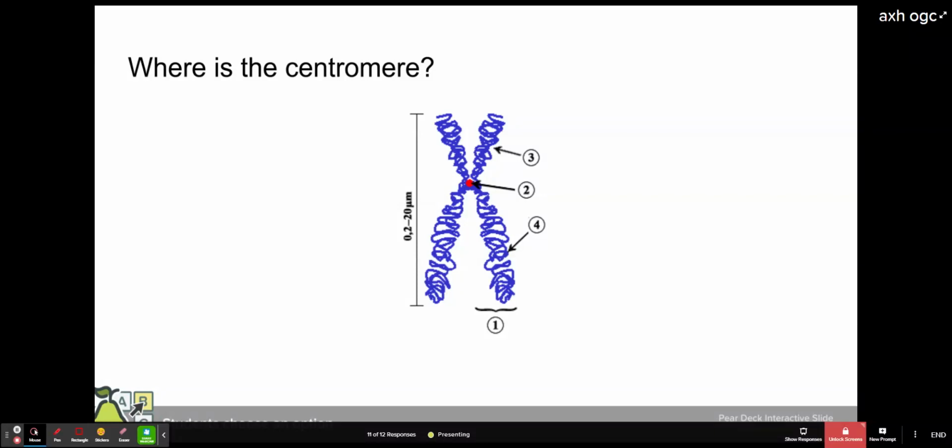And remember that each one of these chromosomes is an exact replica that's created during the synthesis stage. Where is the telomere?